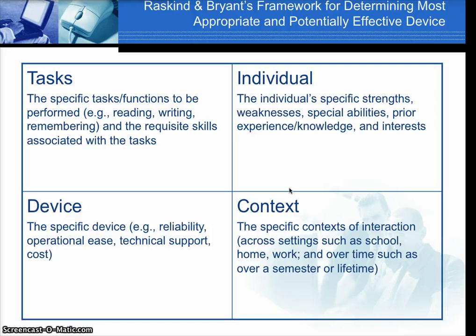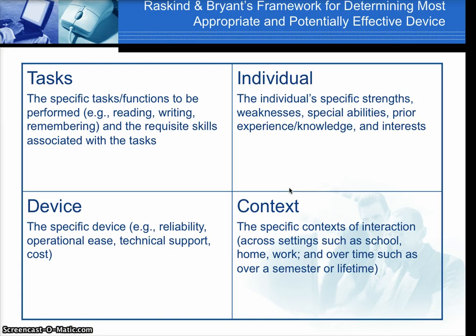So we can look at a framework for determining the most appropriate and potentially effective device. Again, we look at tasks, the specific tasks, functions to be performed, reading, writing, remembering, and the requisite skills associated with those tasks. We look at the individual's specific strengths, weaknesses, special abilities, prior experience and knowledge and interest.